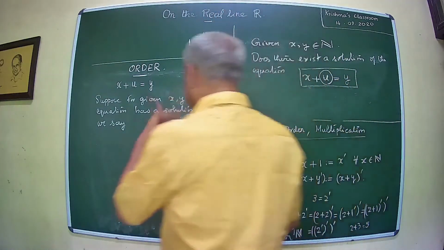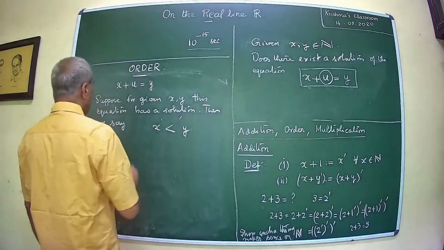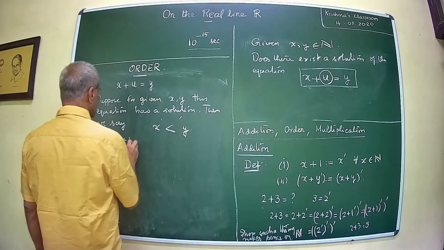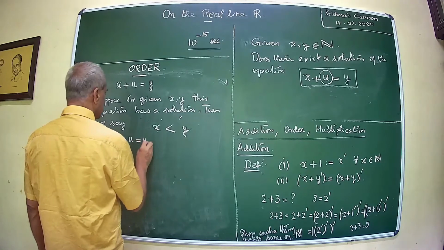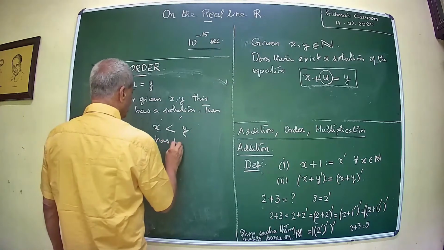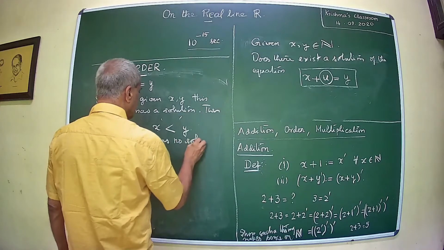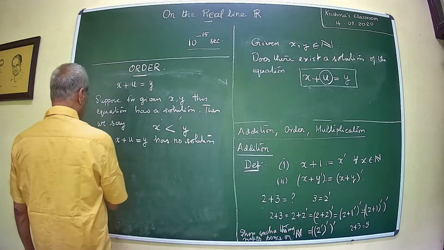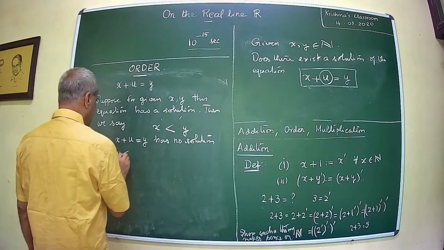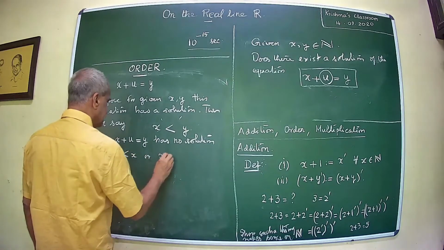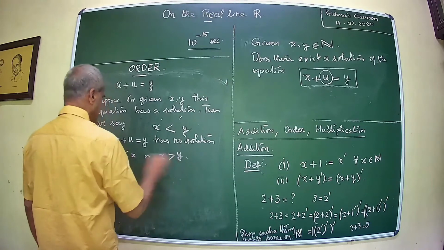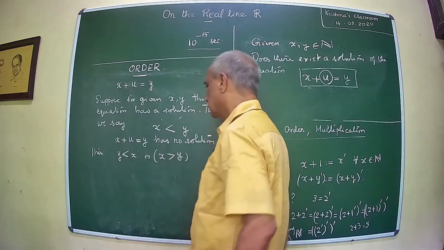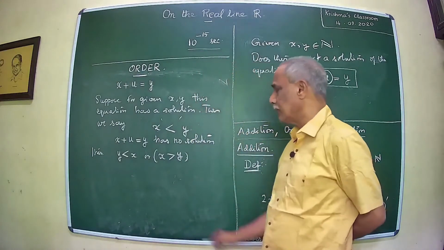If on the other hand, suppose there is no solution, then we have y less than x or x greater than y. This is the same thing. This is synonymous. Y less than x is the same as x greater than y.